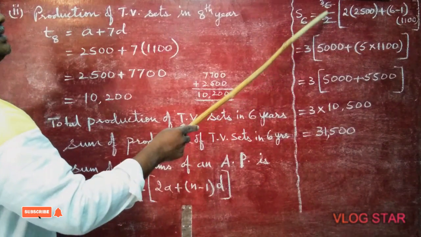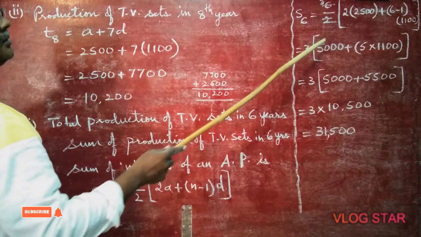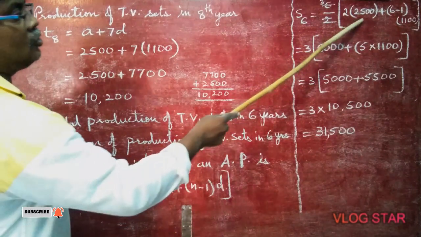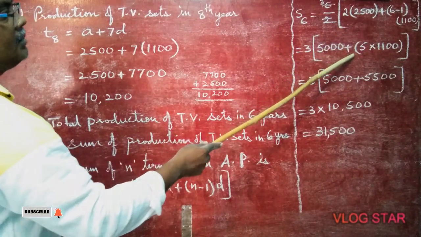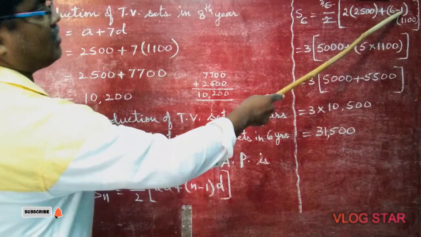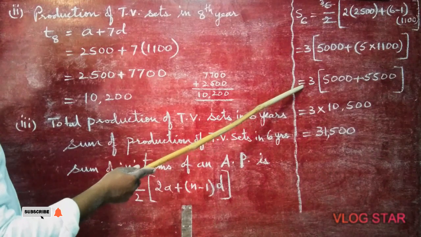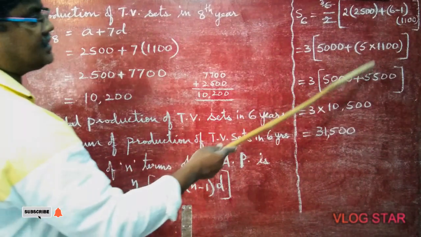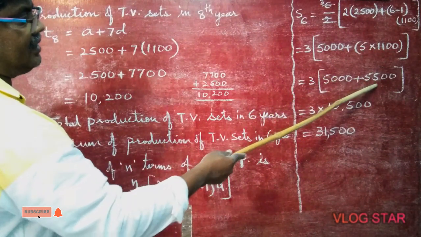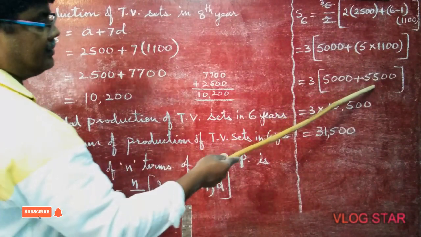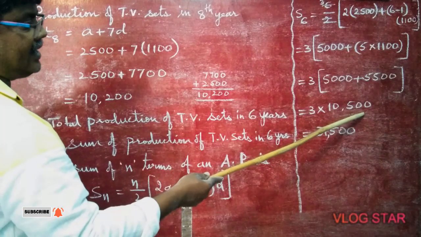Here the 2s get cancelled. 2 goes into 6, 3 times. So 3 into 2 twenty-fives are 50 and 2 more zeros, so 5000, plus 6 minus 1 is 5. 5 into 1100. That is equal to 3 into 5000 plus 5 elevens are 55, 2 more zeros, so 5500. Add. You will get 10,500.